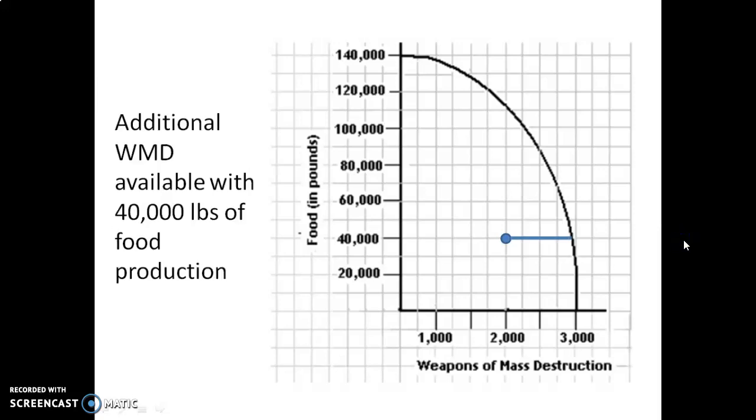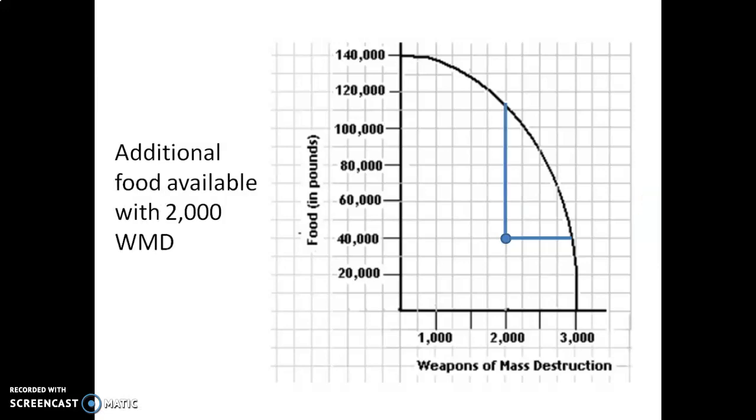Now, let's look at how many weapons of mass destruction we could produce if we choose to produce 40,000 pounds of food. That would be the line that you're seeing right here. At 40,000 pounds of food, we could be producing weapons of mass destruction anywhere along that blue line. Okay, but we're not. We're producing at 2,000.